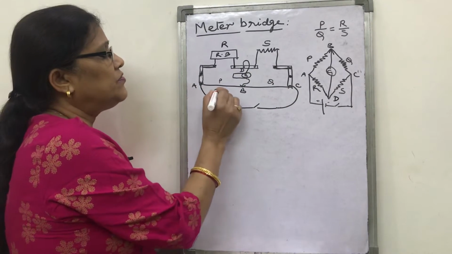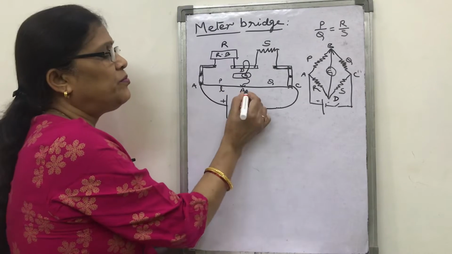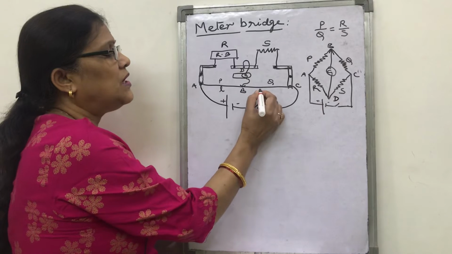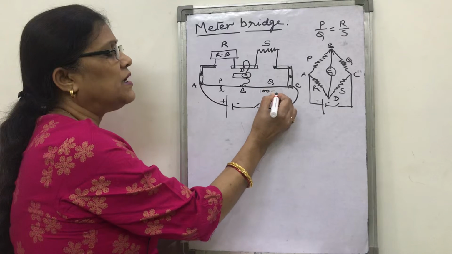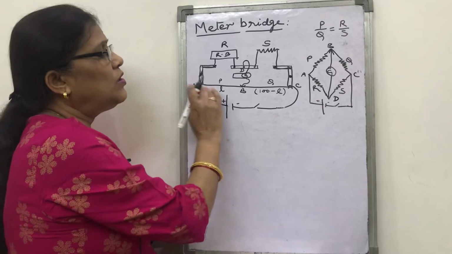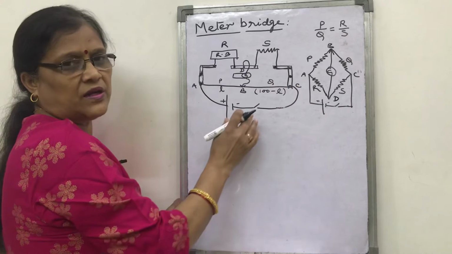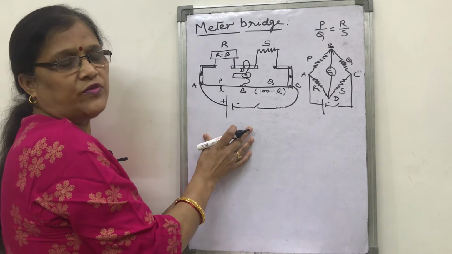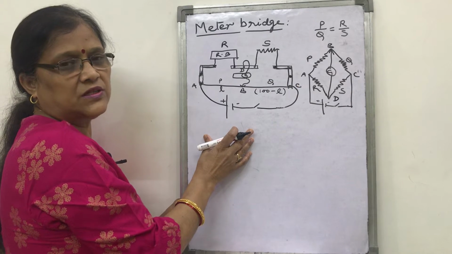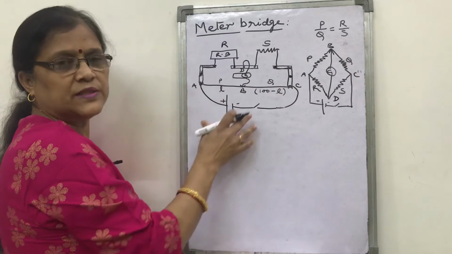So here, if this is length L centimeter from A to B, then B to C, the length will be 100 minus L centimeter. The whole wire of 1 meter or 100 centimeter length is of uniform area of cross section, so that resistance per unit length remains the same.